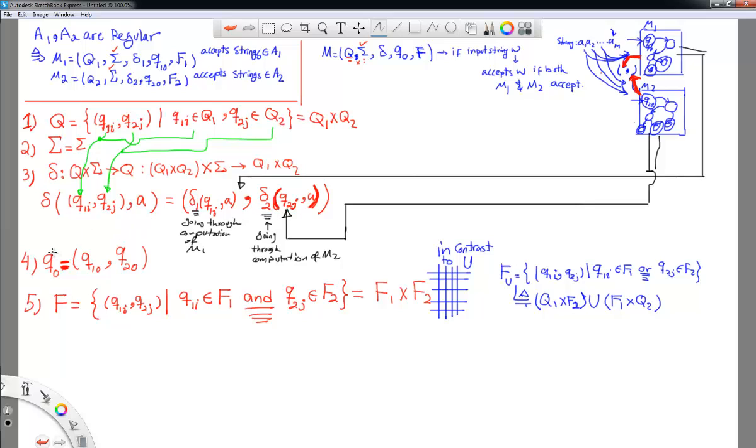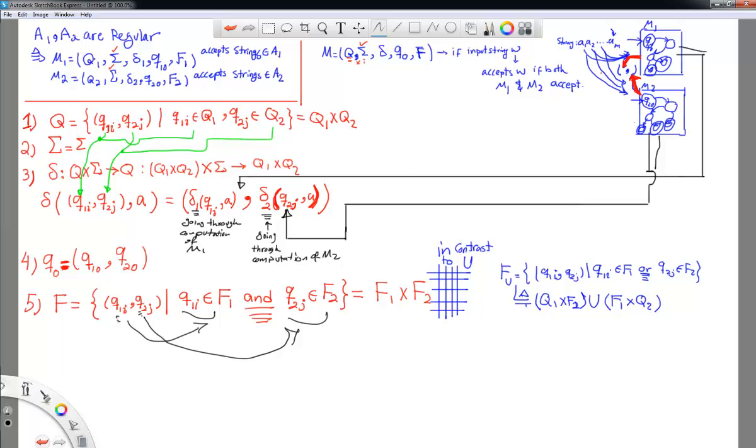I make sure that the start state in both machines are effectively the start state of my intersection, and I make sure that my machine accepts if it ends up in a pair of states in which both are accept states of their respective machines. And by constructing this machine, I just proved my theorem.